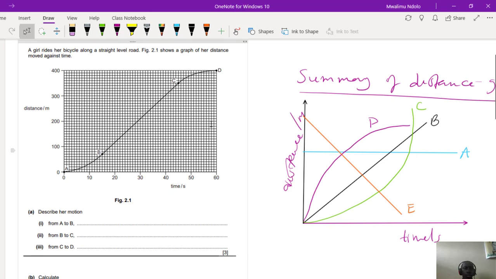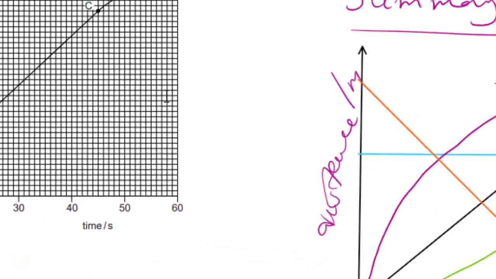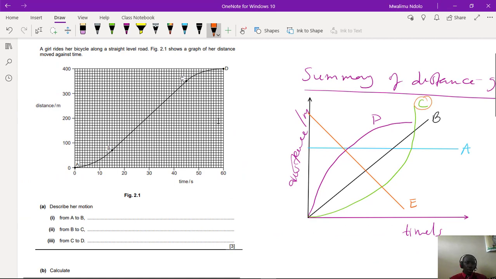Okay, if you compare, look at AB. AB corresponds to graph C, and graph C represents a body that is increasing in speed, or accelerating uniformly. So that means in AB, the body is accelerating uniformly.